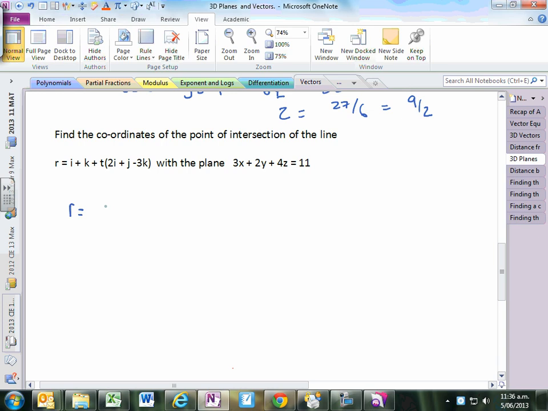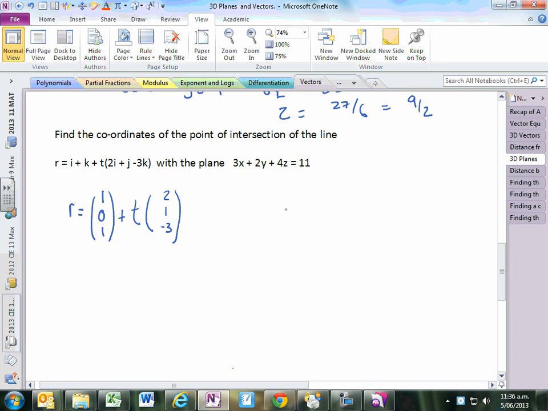How can I rewrite it in a vector equation with column format? (1, 0, 1) plus t(2, 1, negative 3).